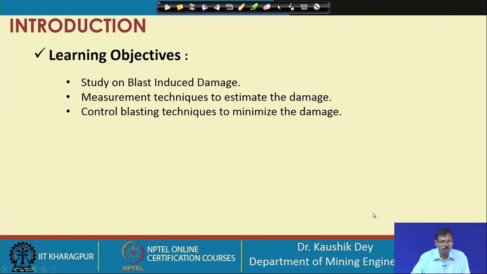In this class, we will discuss the side effect of this ground vibration. You can say how these ground vibrations are basically creating damage to the surroundings. It may be structural damage, it may be rock damage, but any unwanted damaging effect of the ground vibration, the assessment of that, the measurement of that, and how to control those damages will be discussed in this class.